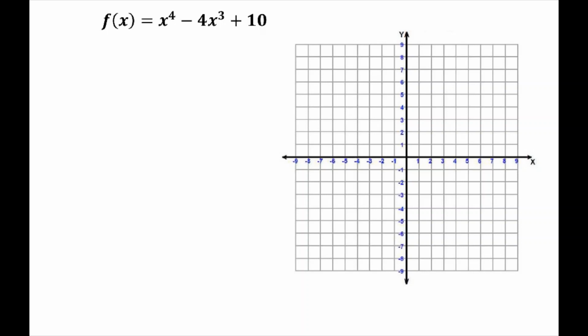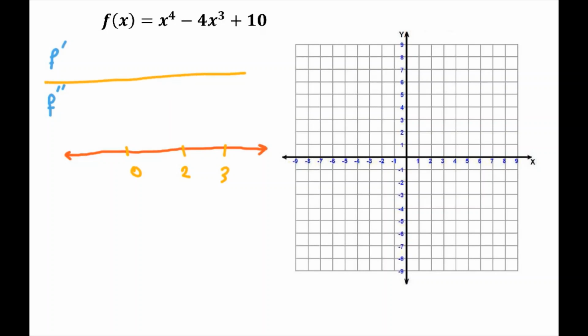I'm going to draw the number line again, but this time I'm going to put the critical points and the inflection points together, and the first derivative and the second derivative here. So what's happening here? When it comes to the concavity, below 0, if you remember, it was concave up, 0 to 2 was concave down, and above 2 it was concave up.